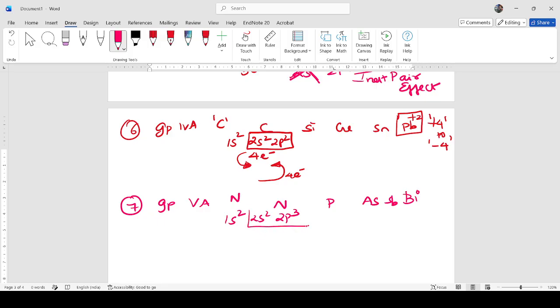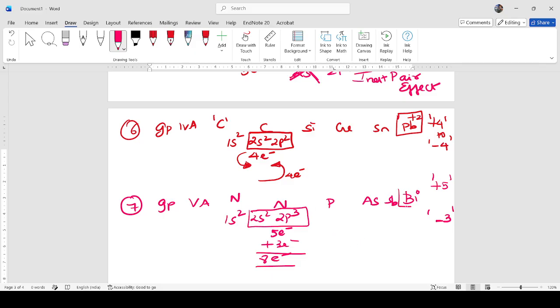You can see the valence shell has 5 electrons. So the very general oxidation form for them is +5. They can show -3 to +5. Why is this -3? How many electrons does it already have? 5 electrons. If it takes 3 more electrons, it will attain its octet configuration, 8 electrons. So it is -3.